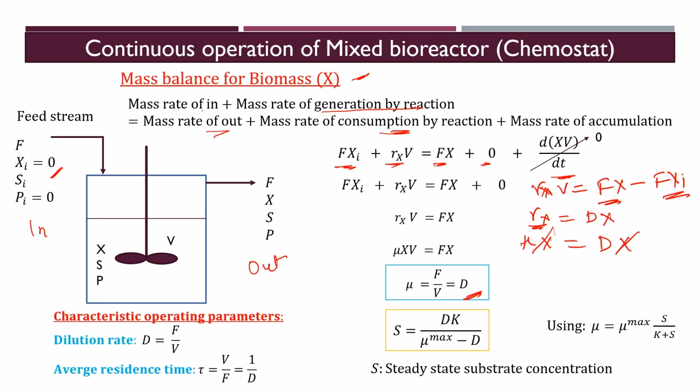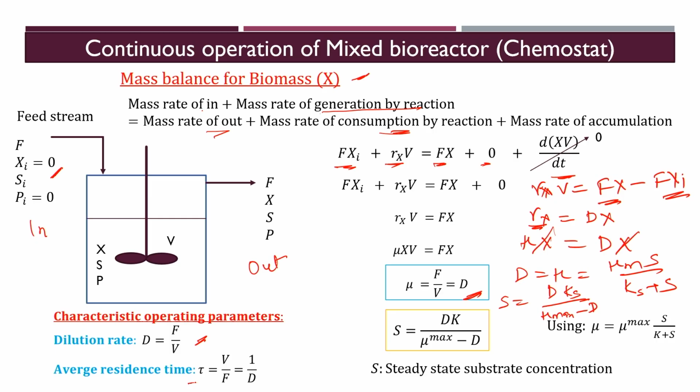operation in continuous culture. Further, as you know, D equals mu, and mu equals mu max S upon Ks plus S. If you rearrange this, you get S as D into Ks divided by mu max minus D. So, dilution rate we already know.